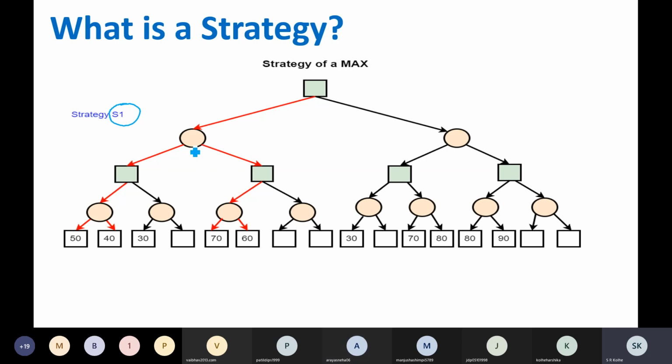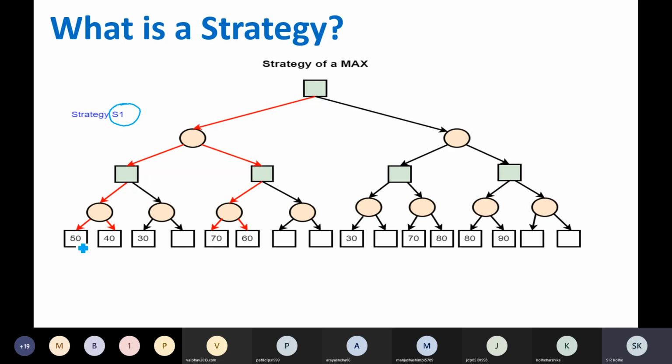So suppose min has made this particular move, then max will play. Max can select either left or right depending upon the utility value. Suppose the left one is selected, then it's min's turn.